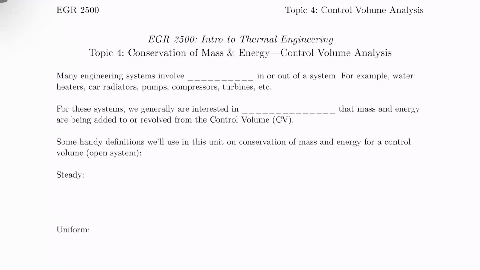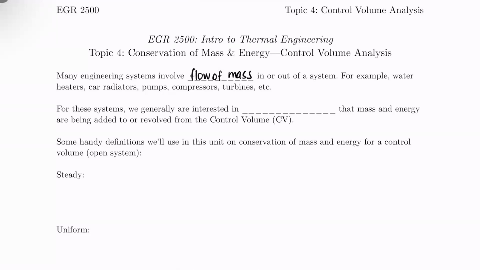So many engineering systems involve the flow of mass in or out of a system. For example, things like water heaters, car radiators, pumps, compressors, turbines, all of those types of systems are going to have mass flow through them.